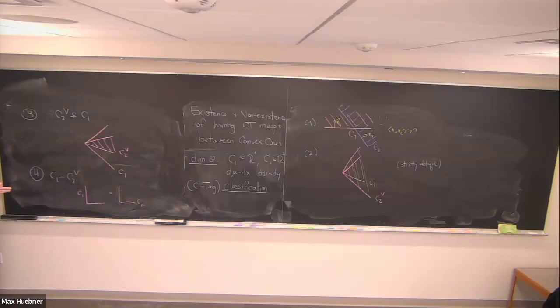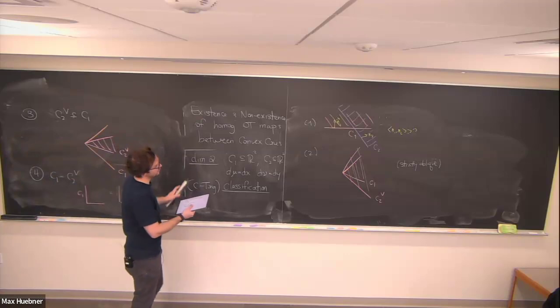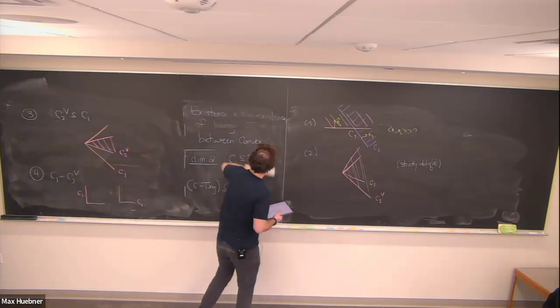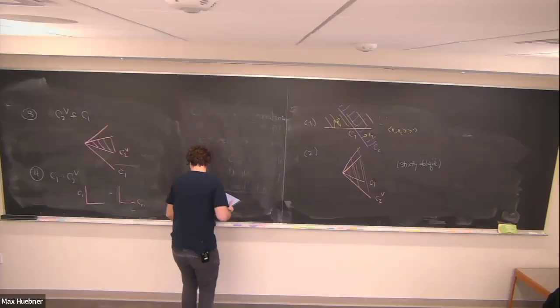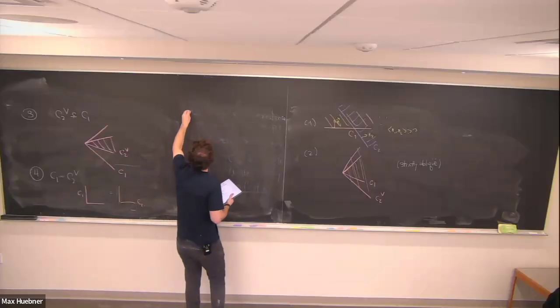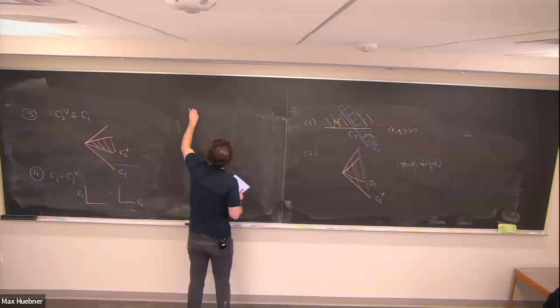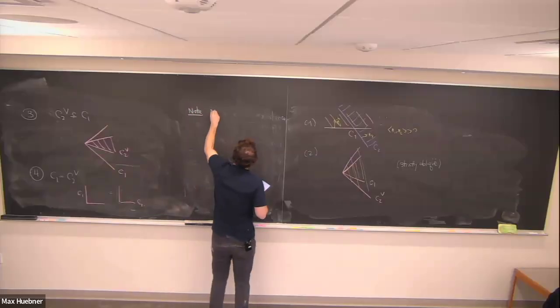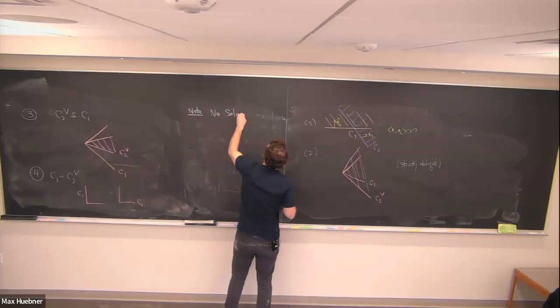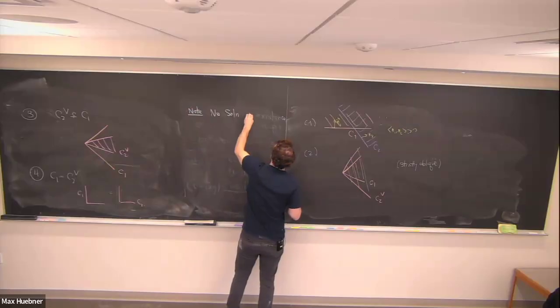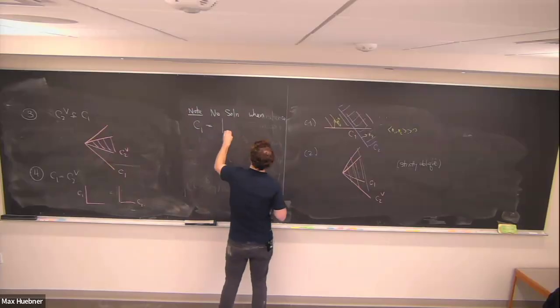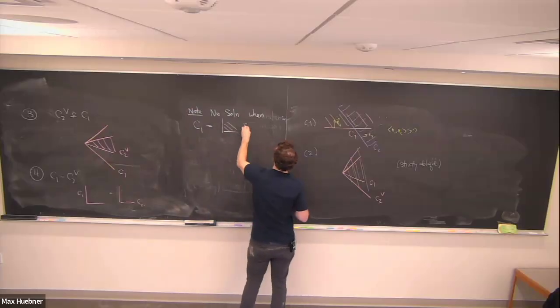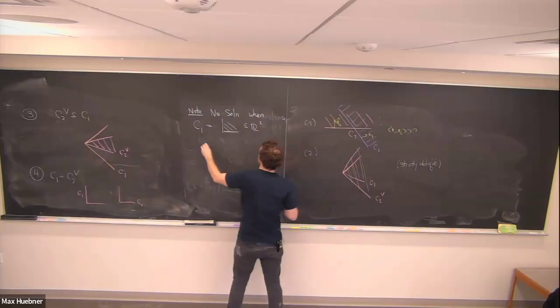Okay, let me point out one situation which you do not see here: the case when you have an orthant mapping to a half space. Note, there's no solution in the case when, say, C1 is the positive orthant in R^2 and C2 is a half space.